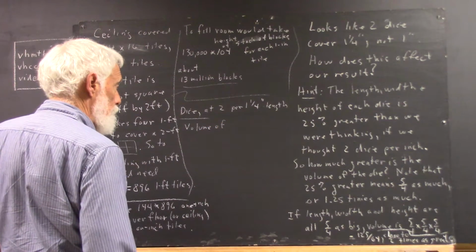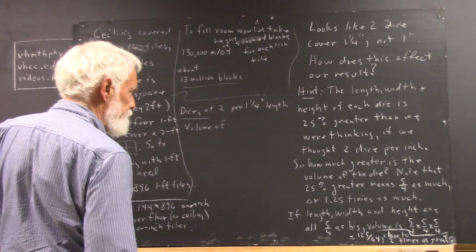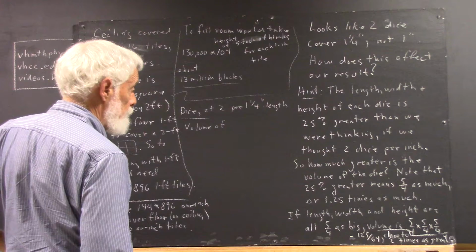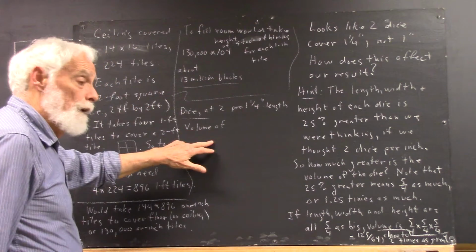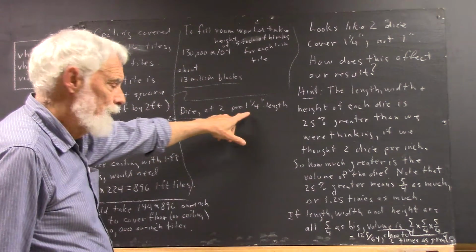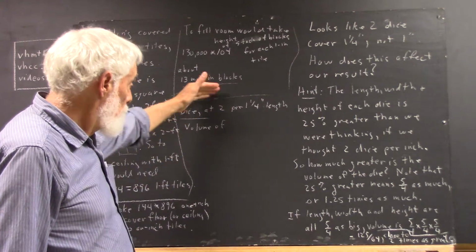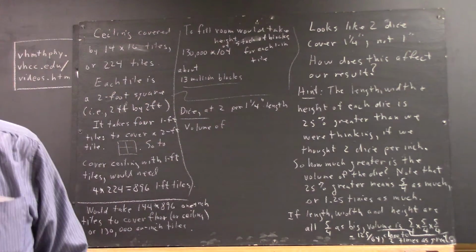The volume of a single die, well, actually, let's digress for a minute. Let's go back. That's going to get me into fractions that I don't want to lay on you. I'm going to do that a different way. We're going to start that in a separate video.